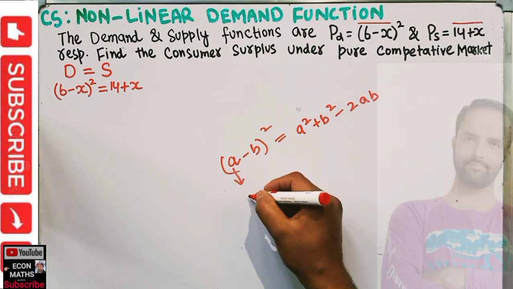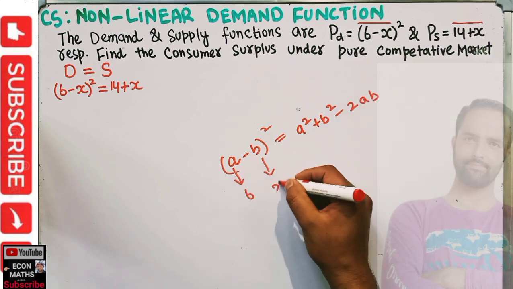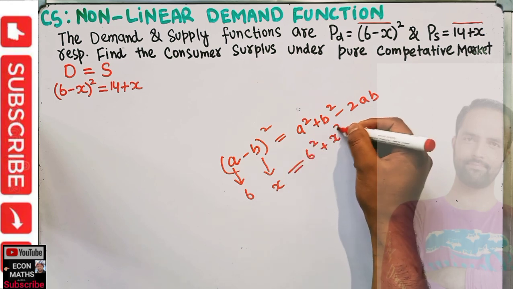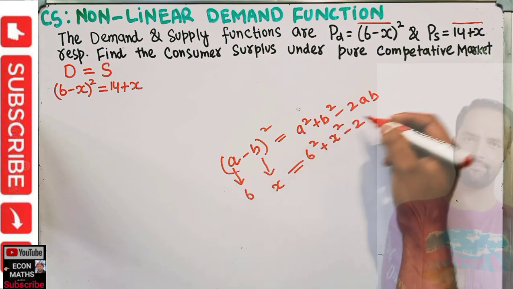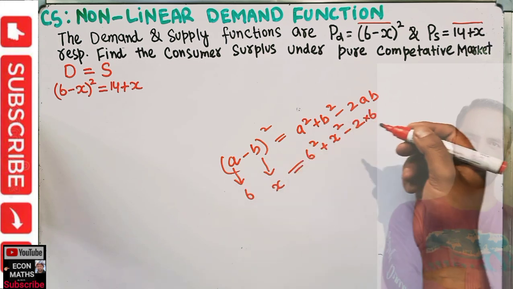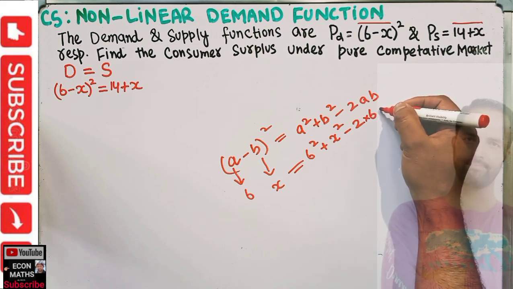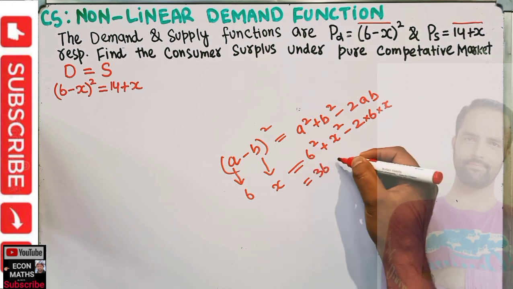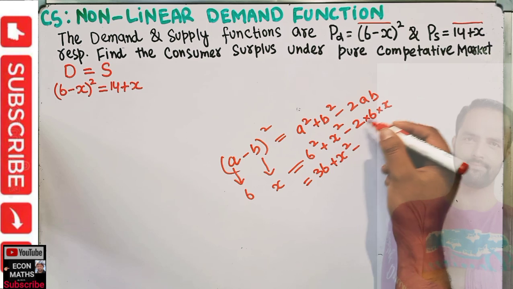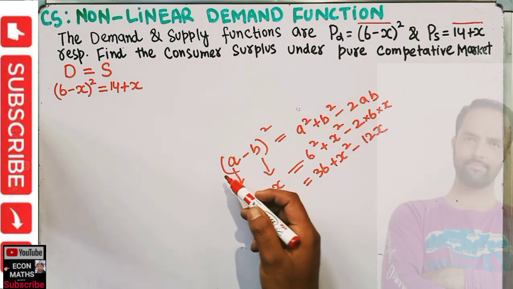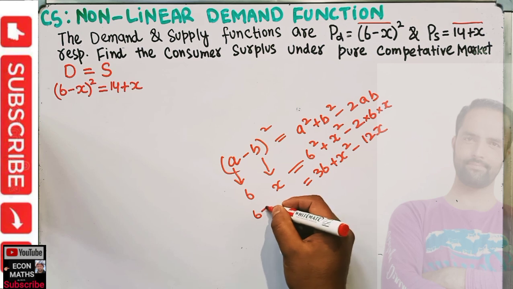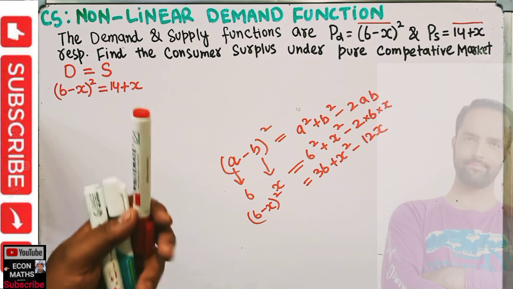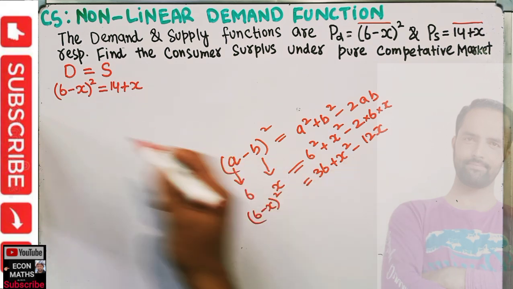In place of a we have 6, in place of b we have x, so this becomes 6 square plus x square minus 2 times 6 times x. 6 sixes are 36, plus x square minus 12x.